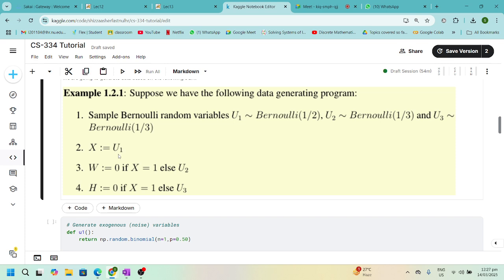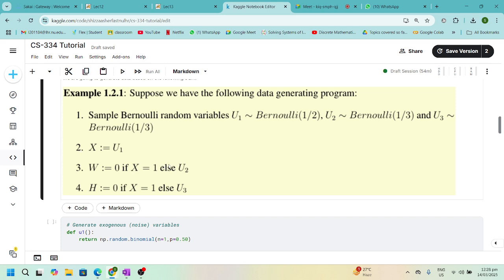Anyway, so X is equal to U1. That simply means that the value of U1 that is generated, which is 0 or 1, you are storing in the value of X as well. And we know that X represents whether an individual exercises or not, so 50% chance of either. Next we have W, whether an individual is overweight or not. So W is going to be 0 if X is 1.